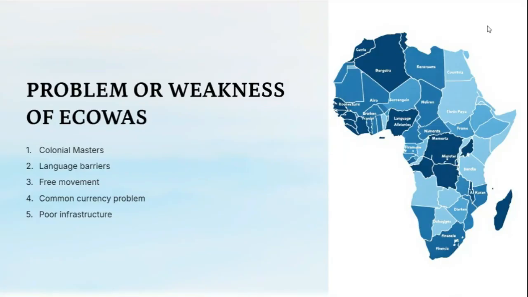Then we have poor infrastructure. Most of the member states are faced with poor infrastructure development. For example, they have poor roads and poor power generation, as in what we have in Nigeria.